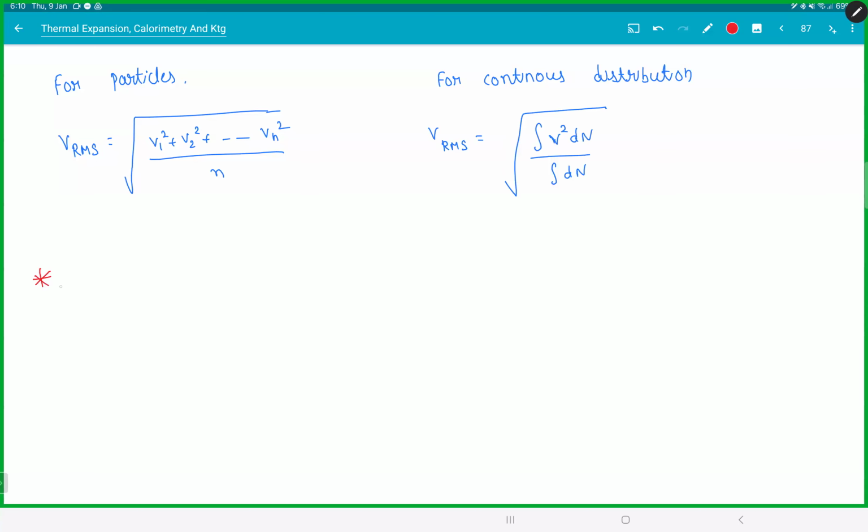Now, a few things, be careful here. V probable was root of 2RT by m. V mean is root of 8RT by pi m.